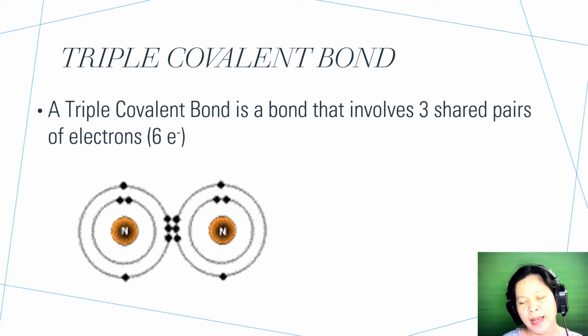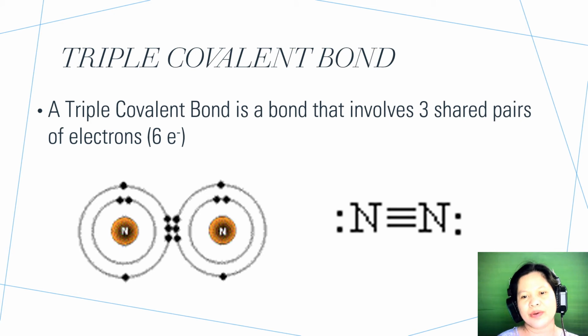So, how many bonds will it form? There will be 1, 2, and 3. The 3 unpaired electrons will be paired with the electrons of the other nitrogen. So, this is nitrogen gas. So, ganyan yung kanya. If you write it down in symbol, that will be nitrogen gas. So, that is a triple bond.